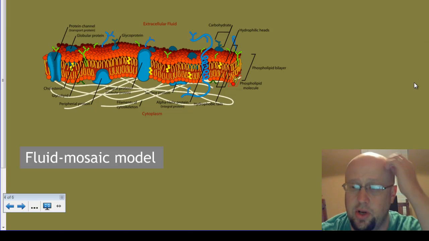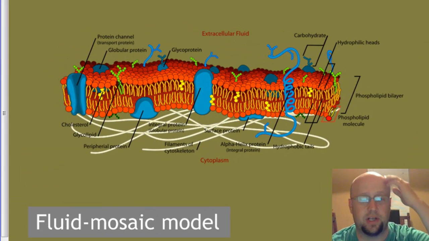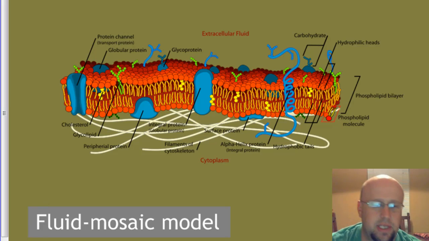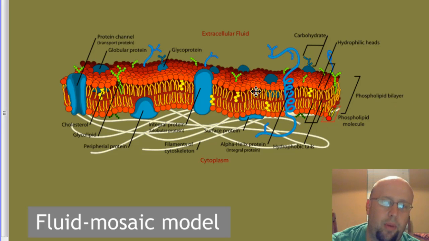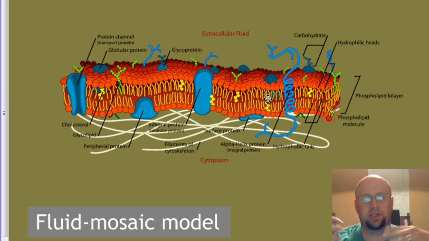So let's look then at one of these phospholipid bilayers. You see down here at the bottom it says that this is what's called the fluid mosaic model. What that means basically is that all of these phospholipids are not arranged in a really solid state. They're in a fluid state, which means that they can flow around a little bit.